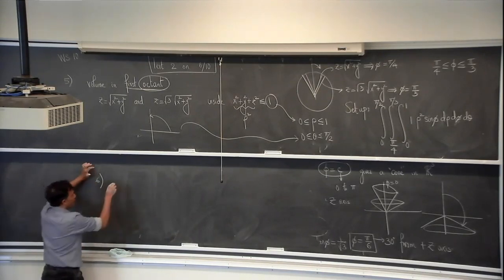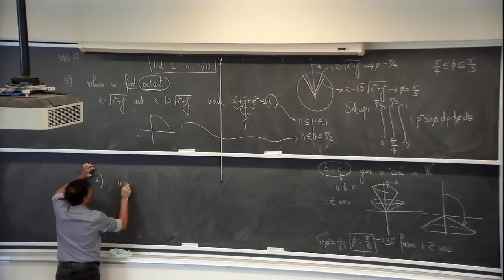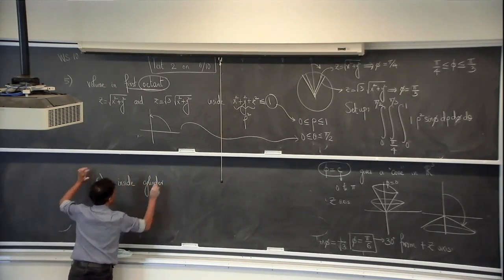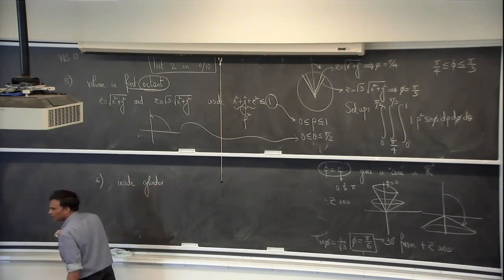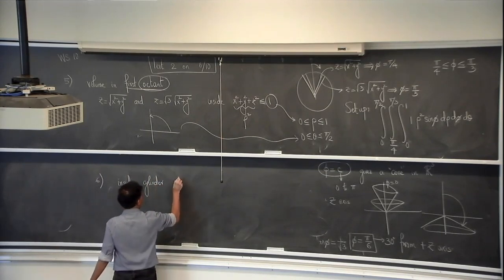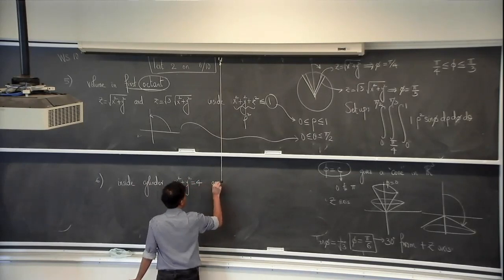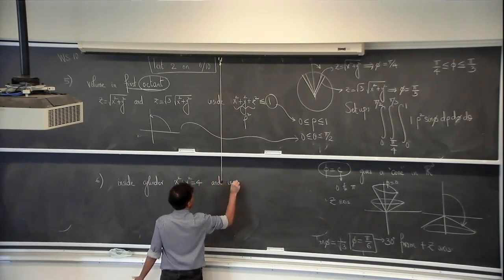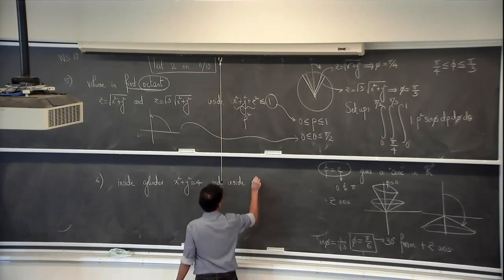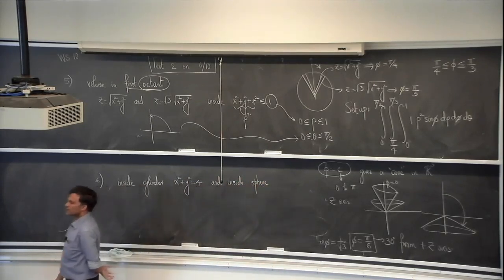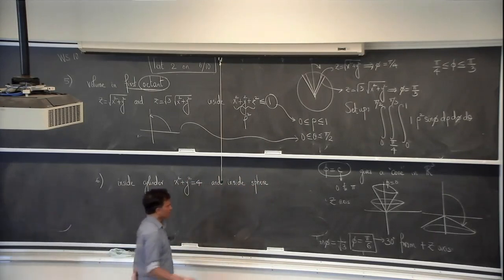It's both inside the cylinder, which is x squared plus y squared equal to 4, and inside the sphere, x squared plus y squared plus z squared equal to 9.